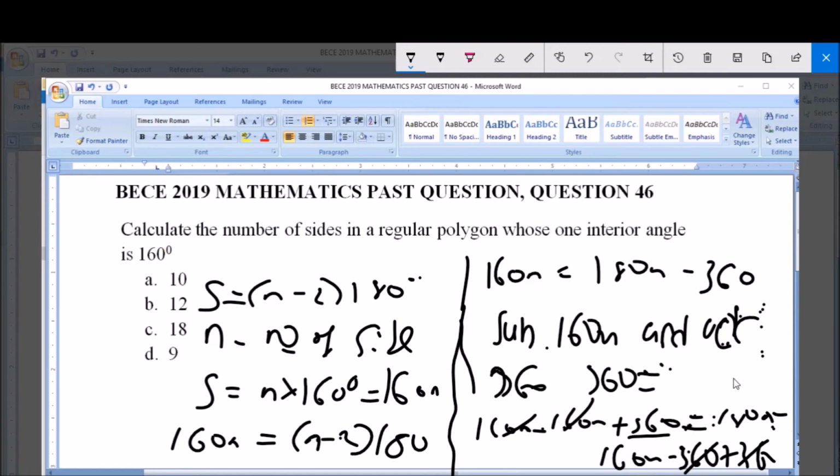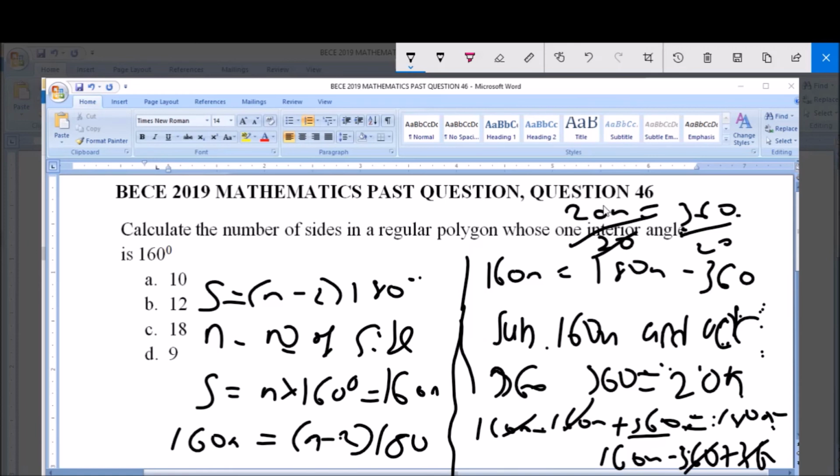Since they are like terms, this gives us 20n. So we have that 20n is equal to 360. And now to find our n, which is the number of sides, we divide both sides by 20.